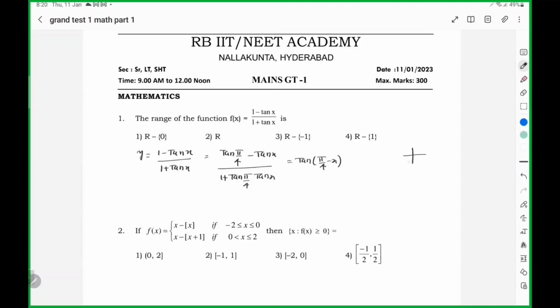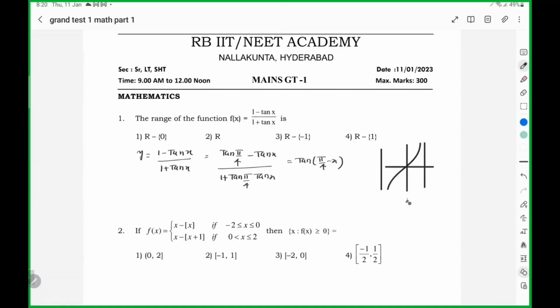So tan x graph will be like this. It's the tan x graph. So tan of pi by 4 minus x: when x is 0, it is 1.